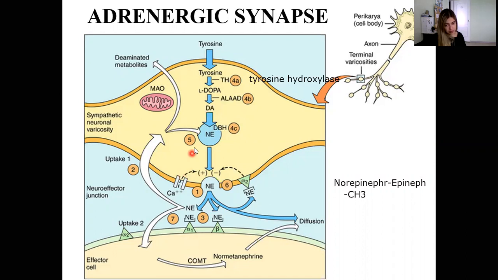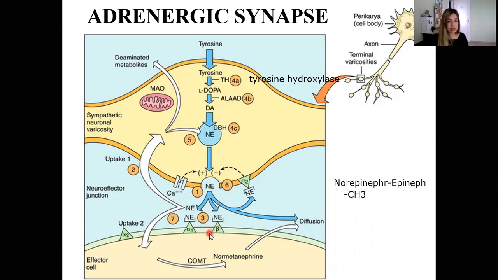This influx of calcium ions stimulates the norepinephrine to be released from the vesicle outside the cell, which provokes the stimulation of the norepinephrine-sensitive receptors on the target cell. You can see here that norepinephrine goes out and can attach to the receptors.